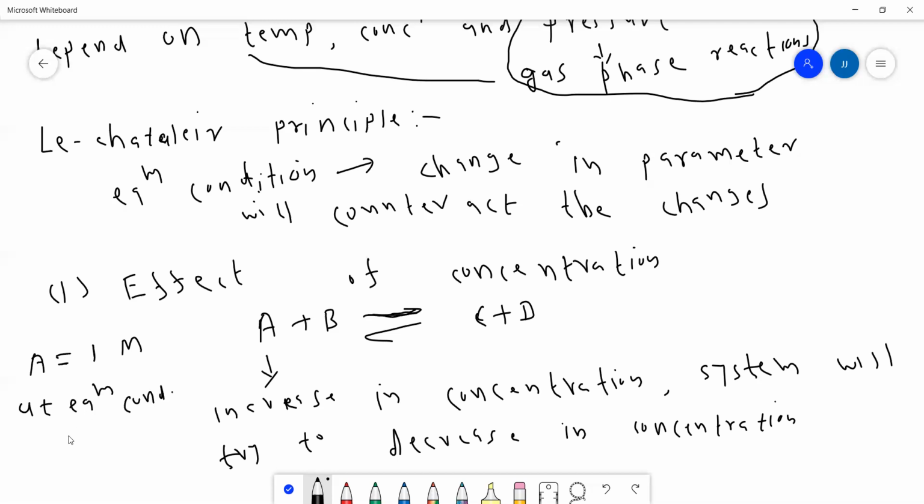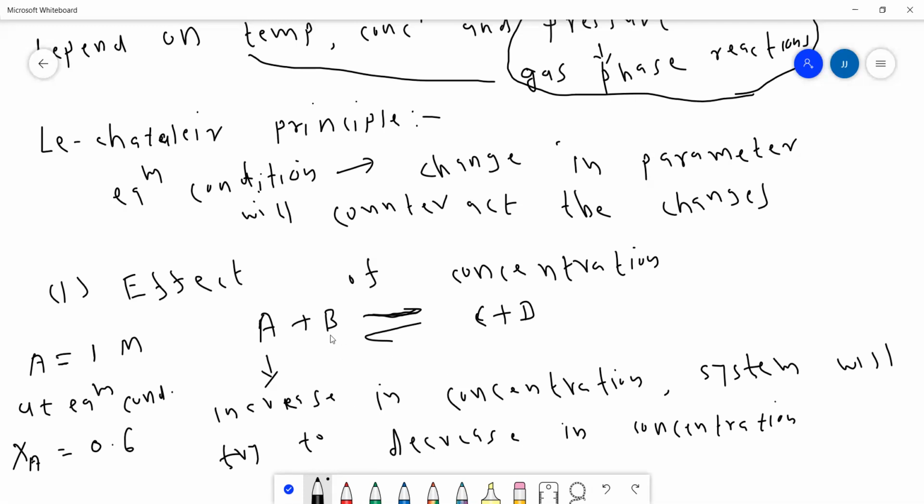So if we now increase the concentration of A, and let's say at this particular condition XA is the conversion, which is, let's say, 0.6, for example.